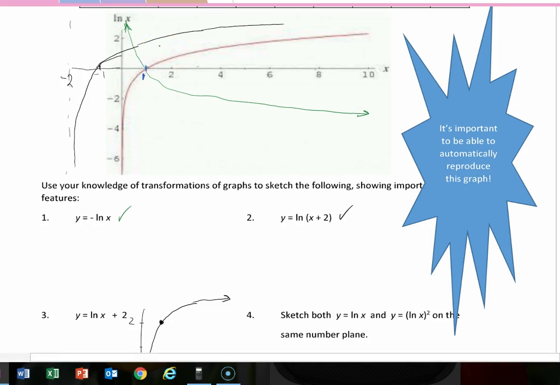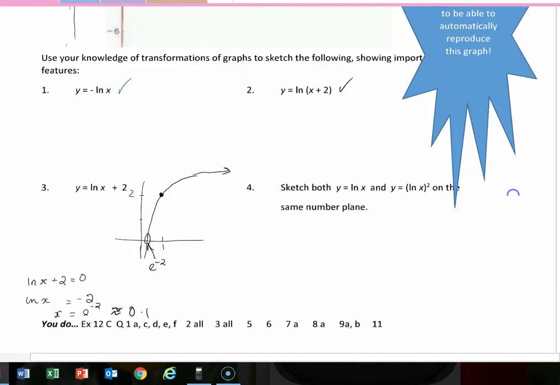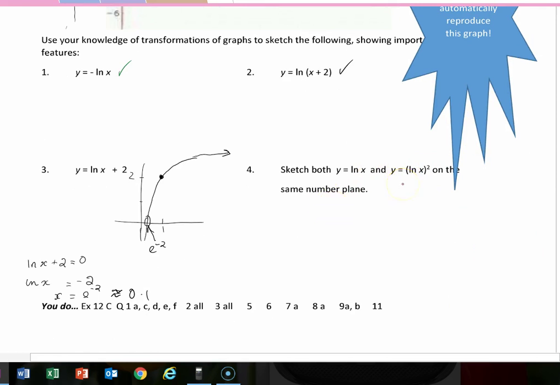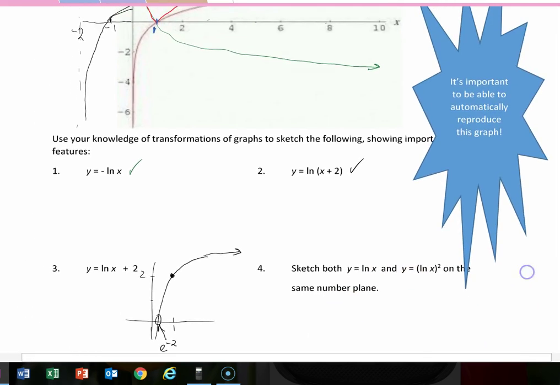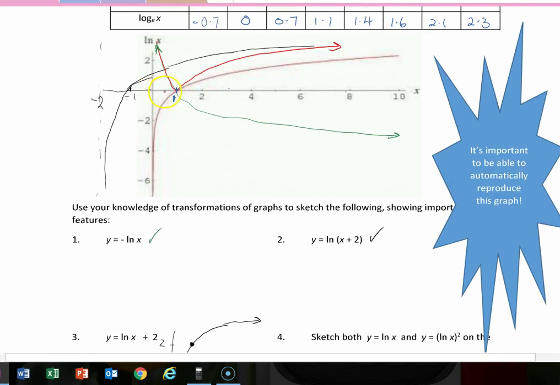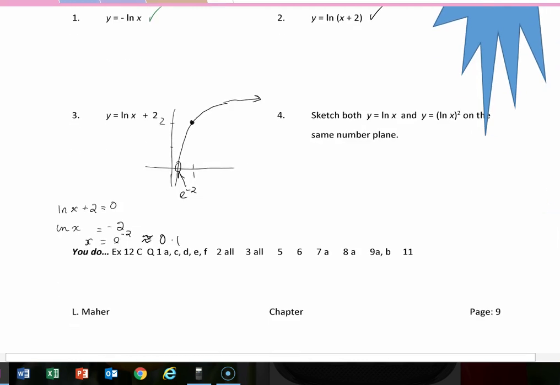So you'll probably end up with some combination of this and then this, a little bit steeper because it's squared. I'll leave that one for you to actually do. Just choose some values. Obviously you'll be choosing some values between 0 and 1. Don't choose 0, but do a half for x, and square it and see what answer you get. And you can draw those graphs, and then you're ready to do 12C.